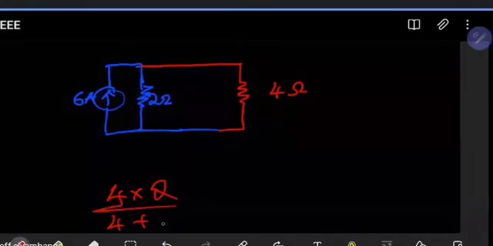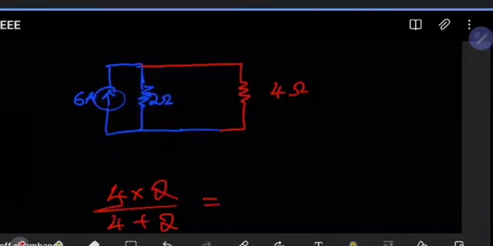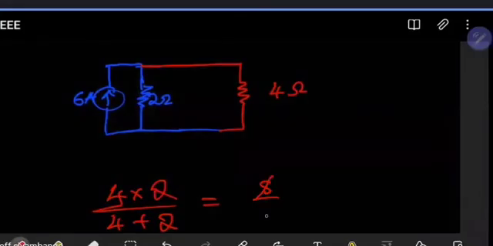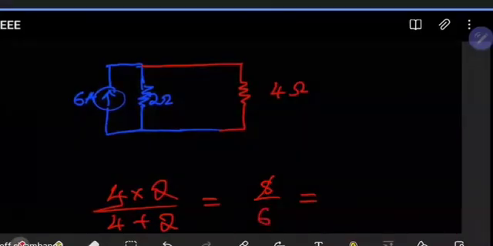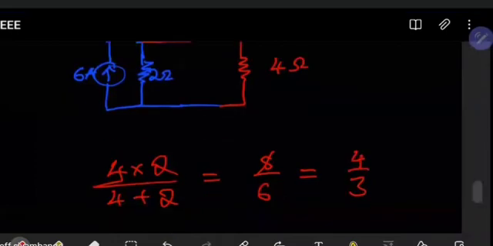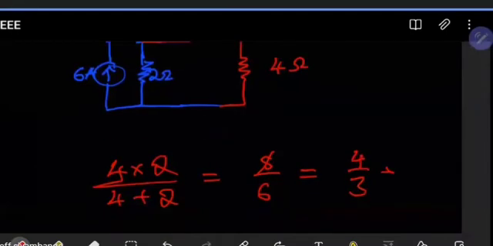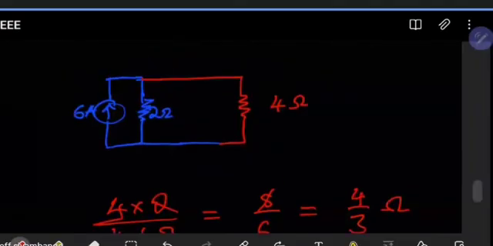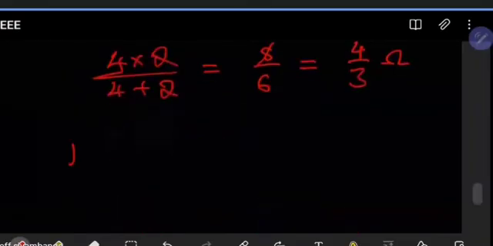So when you do this, we have 8 over 6. What is 8 over 6? That's 1.33. Okay, so let's keep it like this. So this becomes the equivalent resistance.